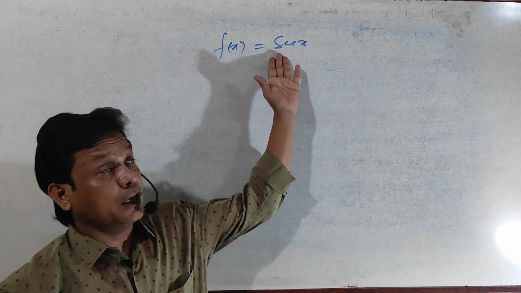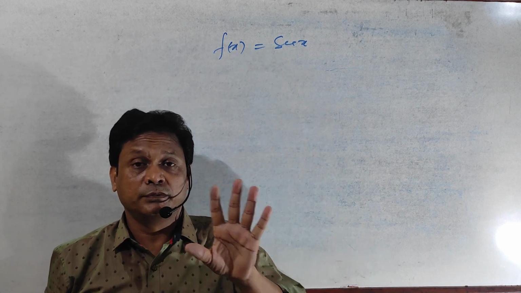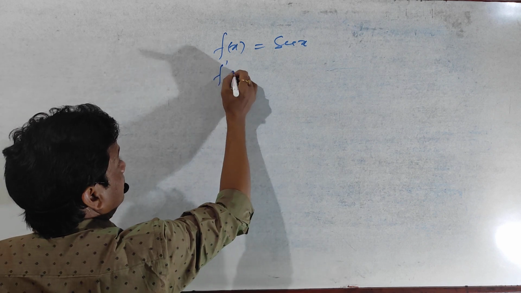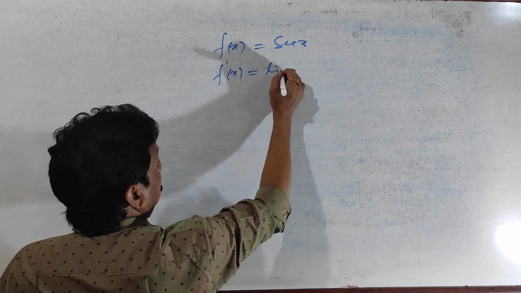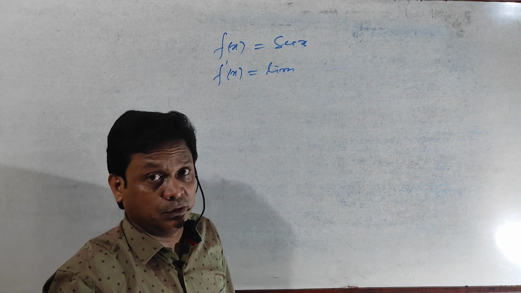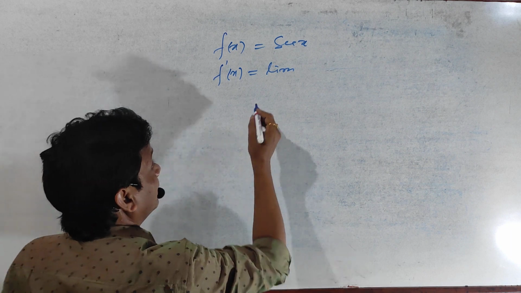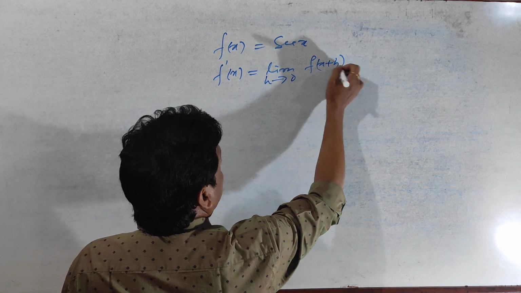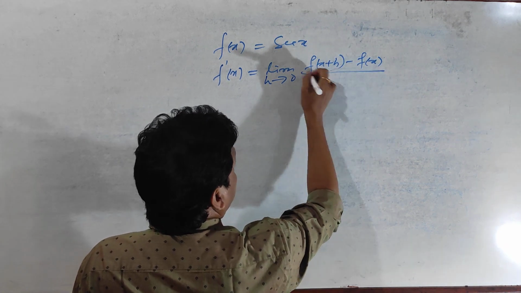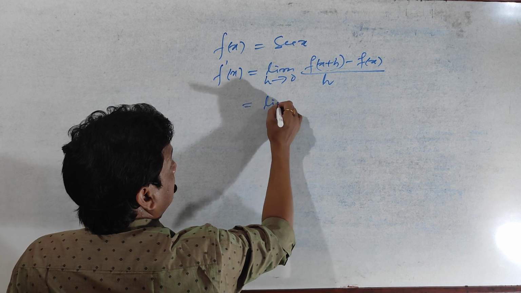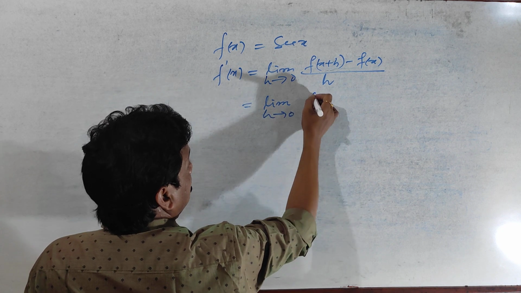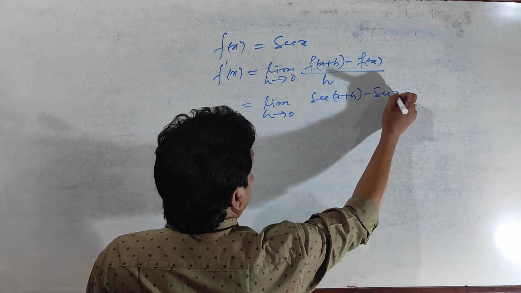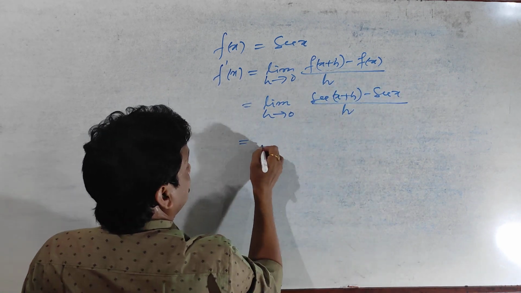Again, similarly I will do sec x and you should do it for cosec x. f dash x, tell me. Limit, don't stay quiet, speak something. Limit h tends to 0, f of x plus h minus f of x divided by h. That means limit h tends to 0, sec of x plus h minus sec x divided by h.